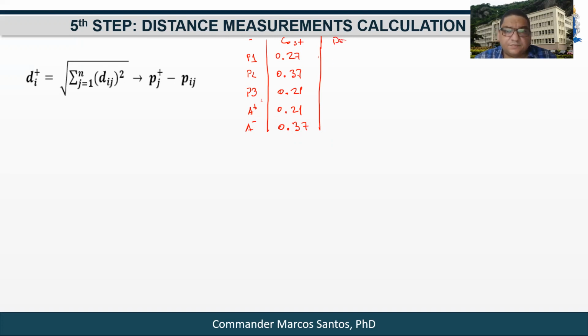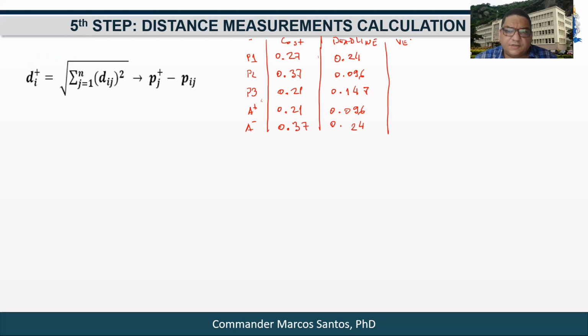Deadline: 0.24, 0.096, 0.147, 0.096, 0.24.